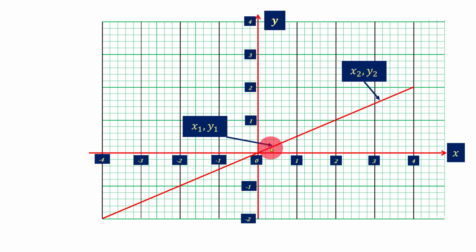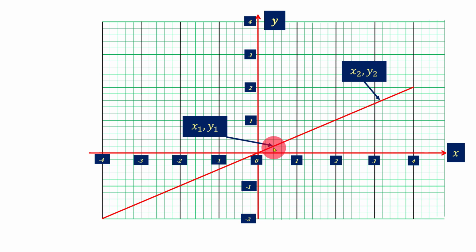And the smaller value of x is what determines whether it is x1 or x2. So this one will be x1 and then y1. This point will be x2, y2.